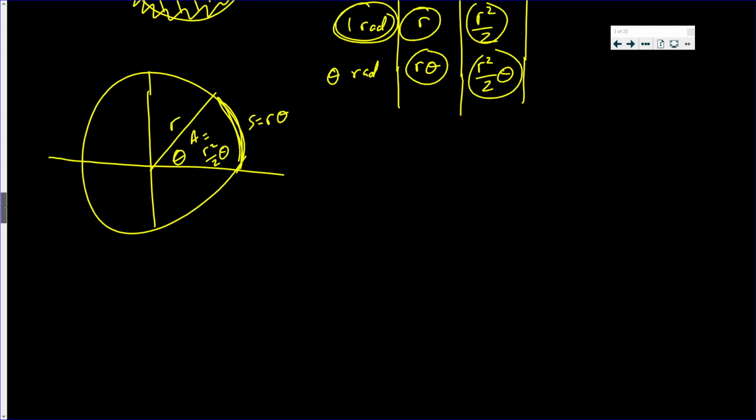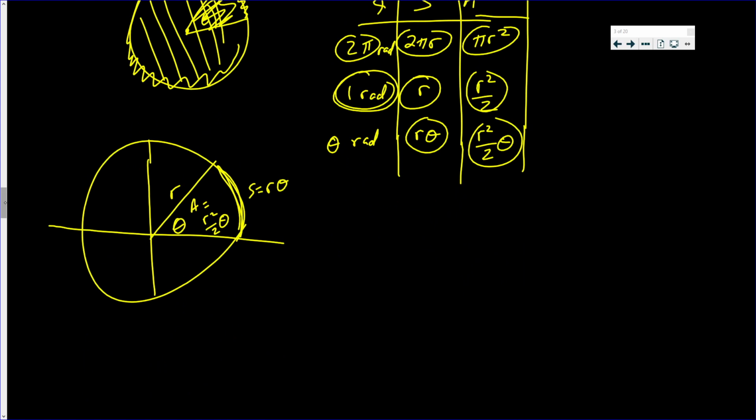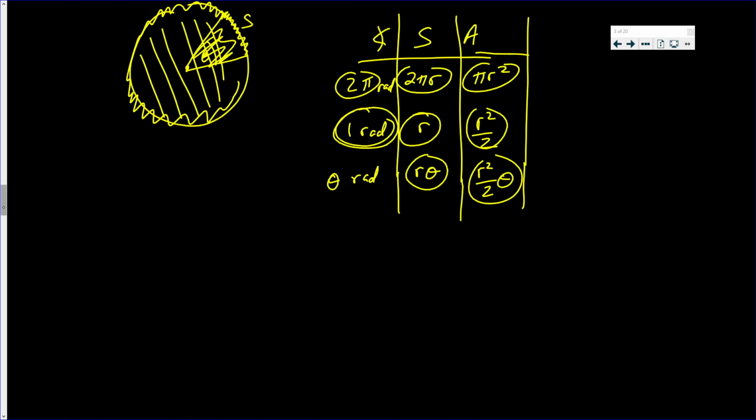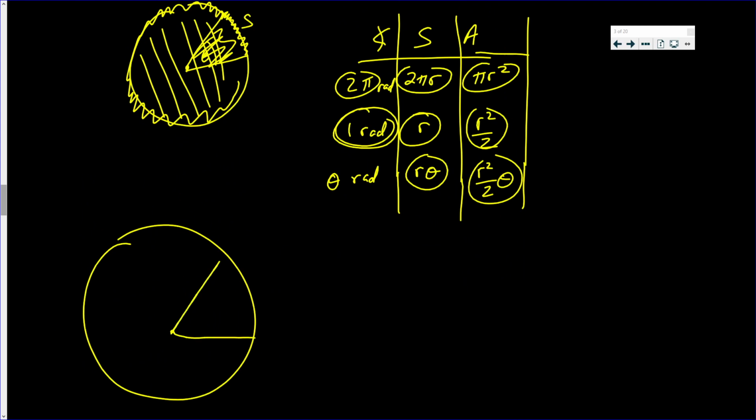Okay. So let us keep that chart up there. And now we want to find the arc lengths of the following. We have an angle of pi over 4, and the radius is 4.